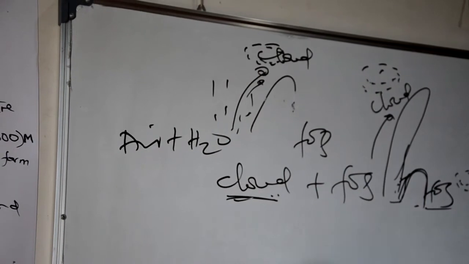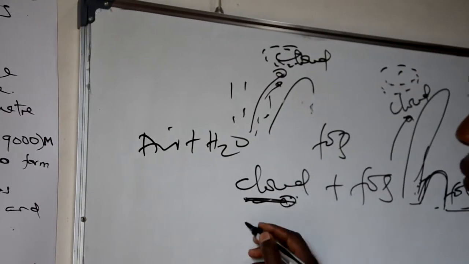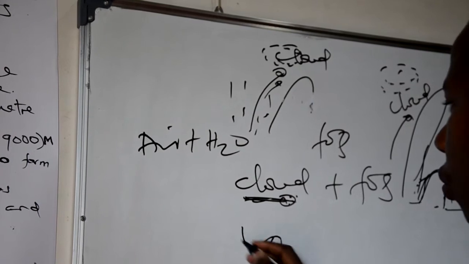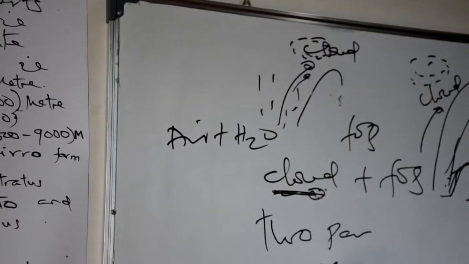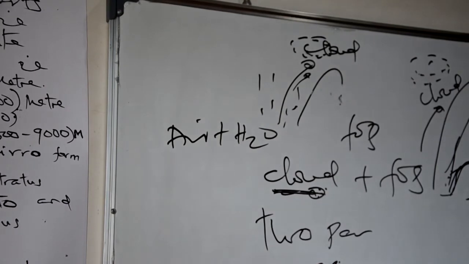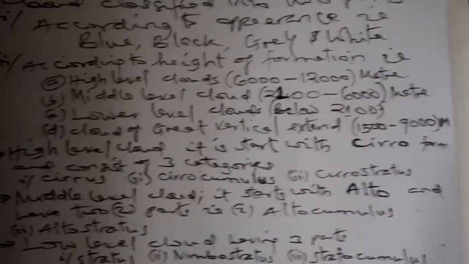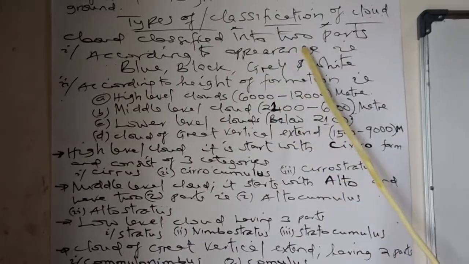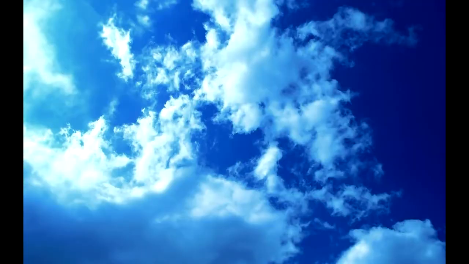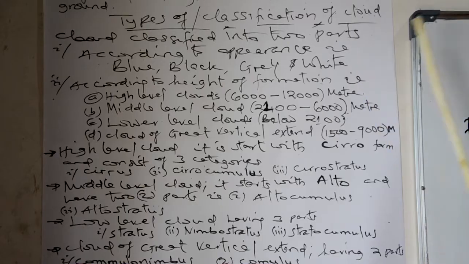Cloud is classified into two parts: according to appearance and according to height of formation. Let's start with appearance. According to appearance, cloud could be blue in nature, black in nature, gray in nature, or black in nature.